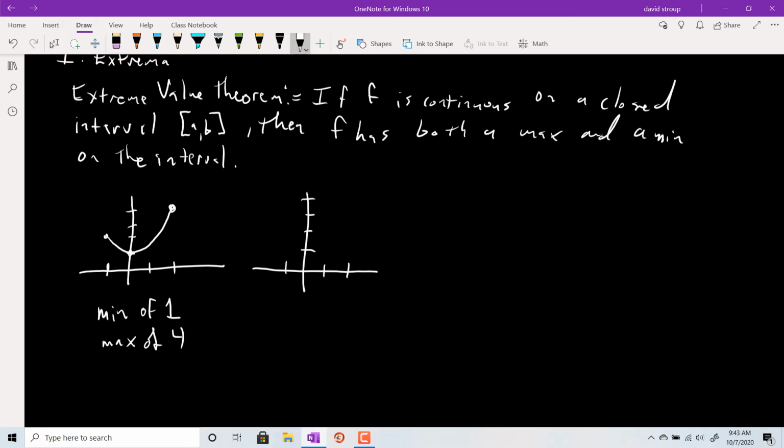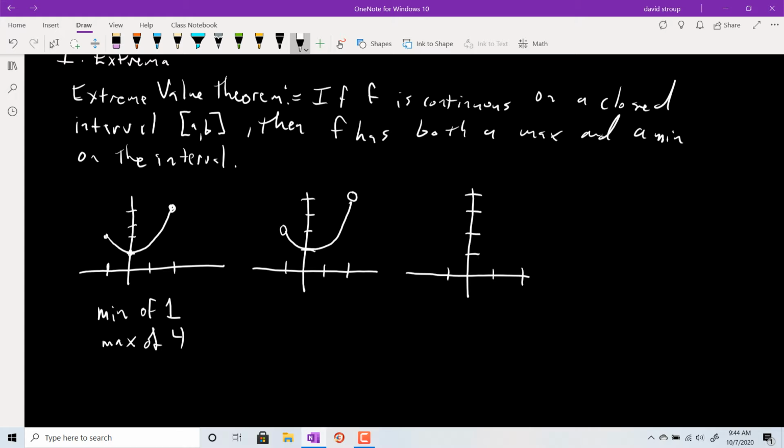It's not that it absolutely won't have a min or a max. No, it's just you need to have continuity on a closed interval for it to be guaranteed to have a min and max. You can think up examples that will have mins and maxes, but won't necessarily be continuous on the closed interval, right?